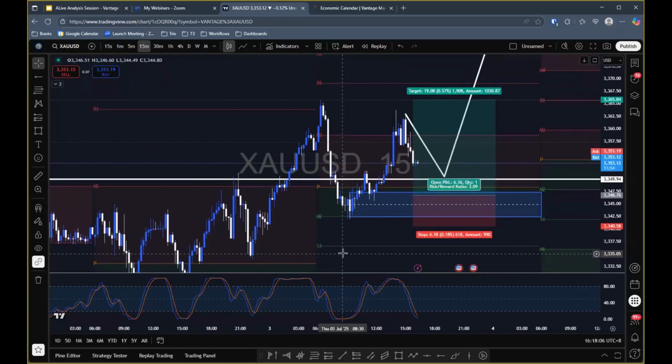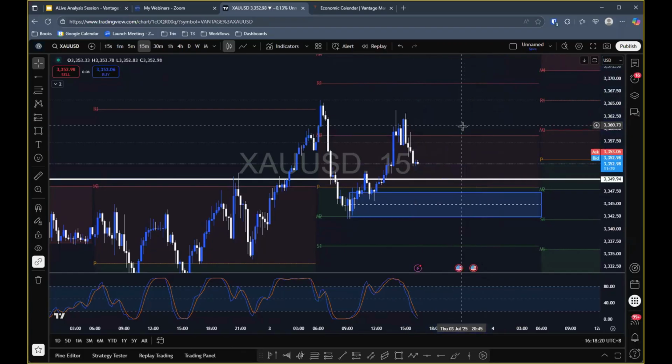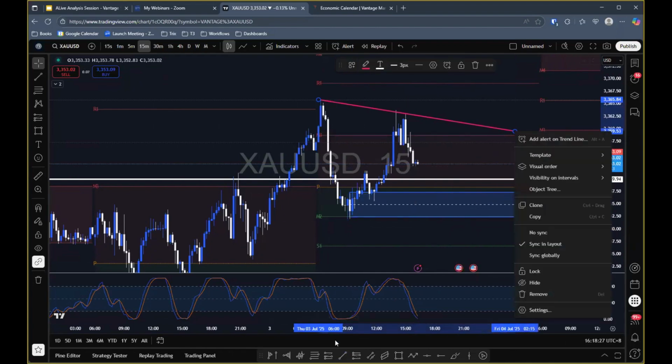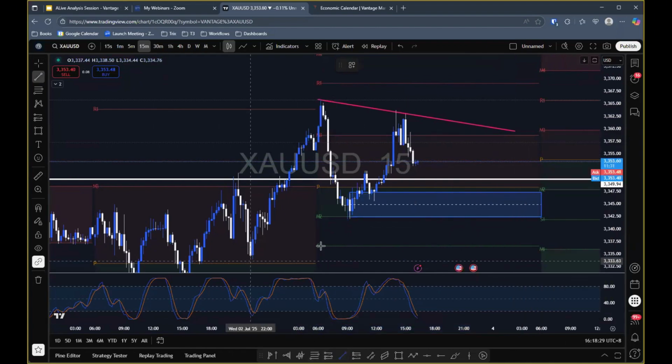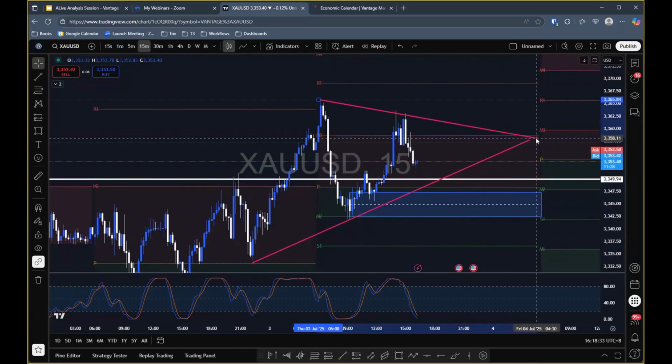So bear in mind two things, because this is NFP, and what we have been creating is a higher high, higher low, but a lower high on this. So we'll probably be looking at a case where we are going to triangulate into the NFP, and the breakout will give us the indication of where prices are going to move.